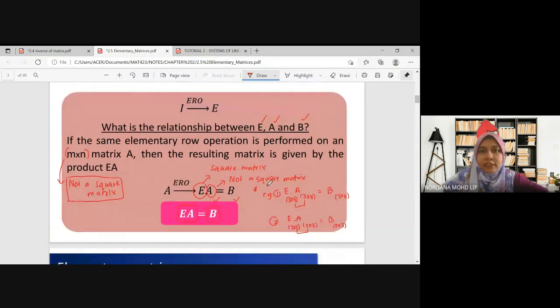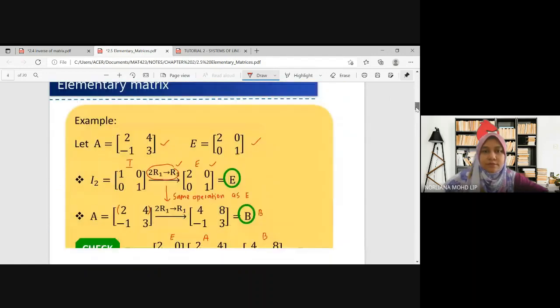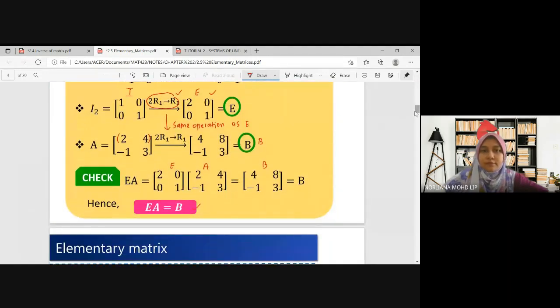So dia ada relationship between elementary matrix, matrix A and matrix B. Maksudnya untuk dapat matrix B ni, dia gunakan operation yang sama dengan elementary matrix. Operation yang sama.